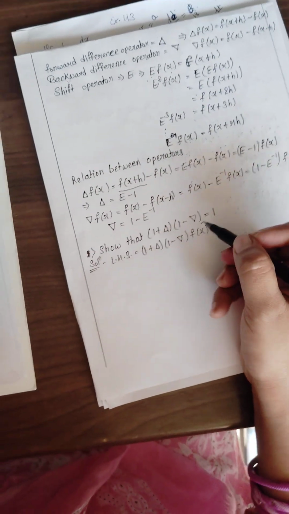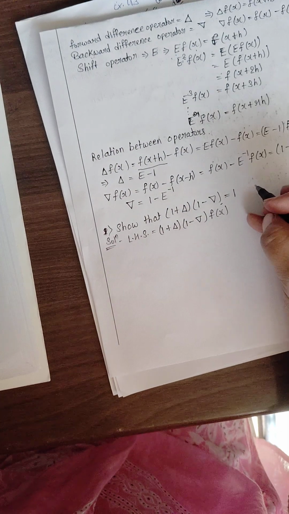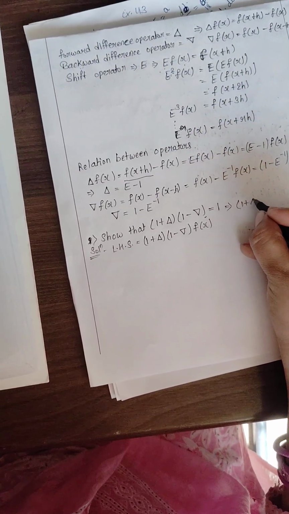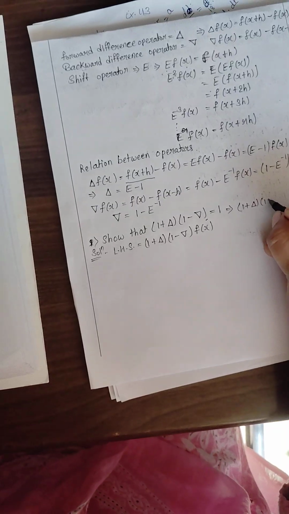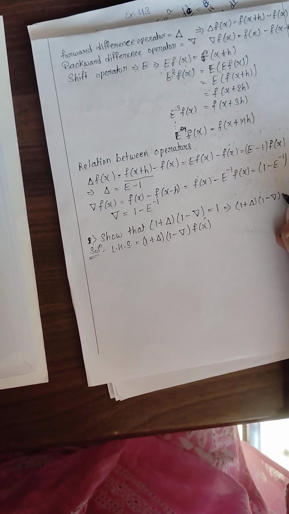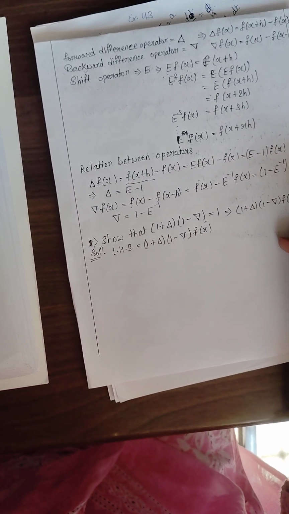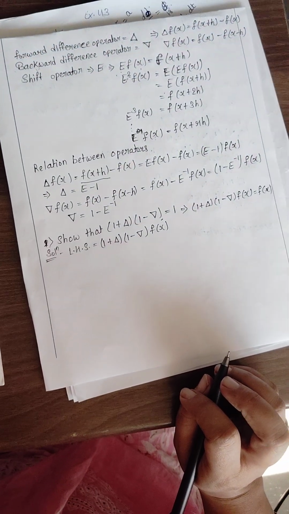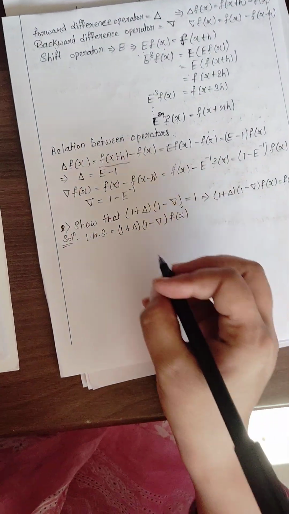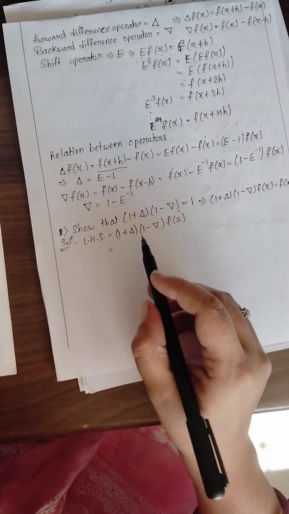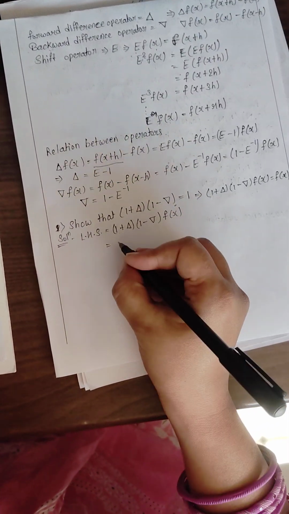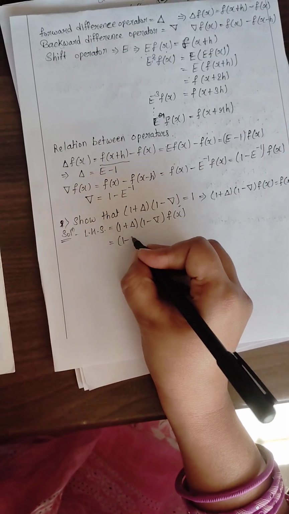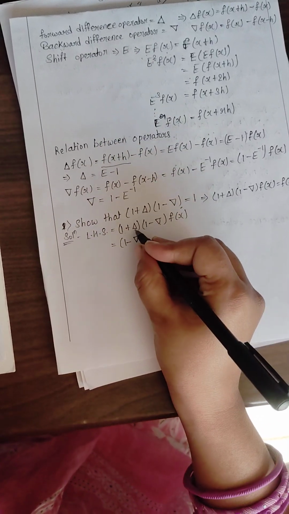So if you operate on both sides, we want to show that 1 plus forward difference operator into 1 minus backward difference operator of f of x is equal to f of x. So we will take the left hand side. Now first of all we will open the bracket. 1 into 1 becomes 1. 1 into minus backward operator becomes minus backward operator.